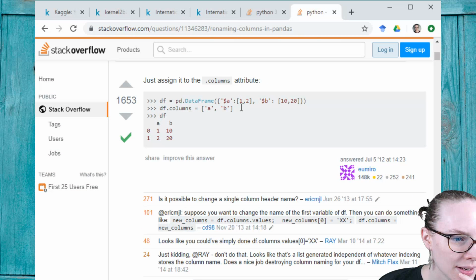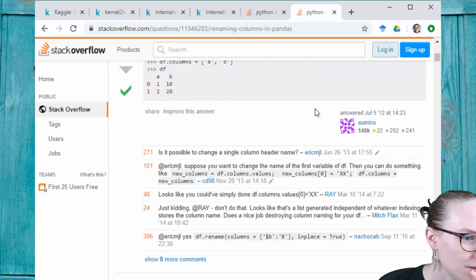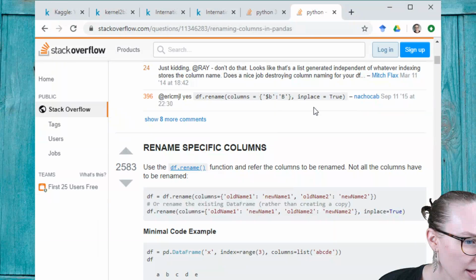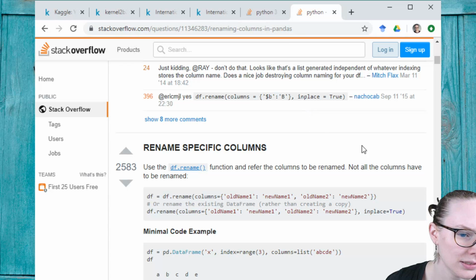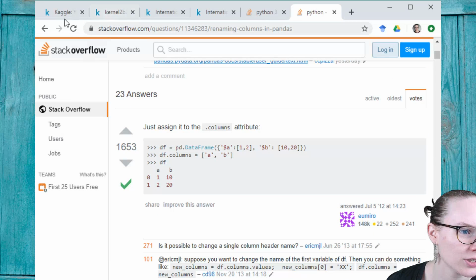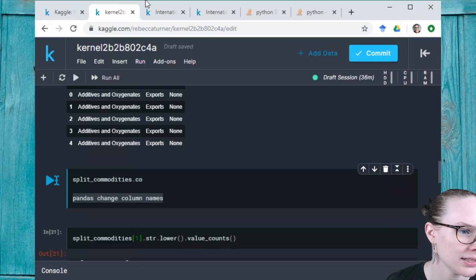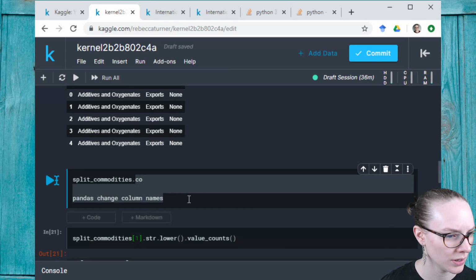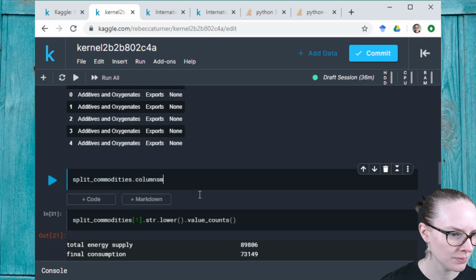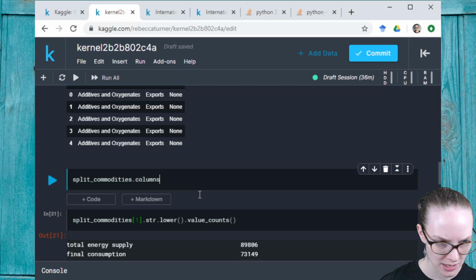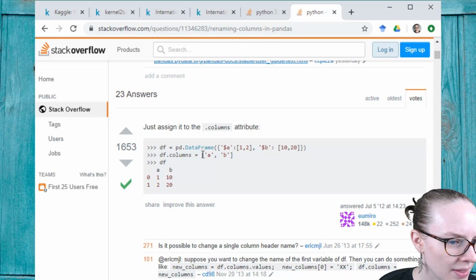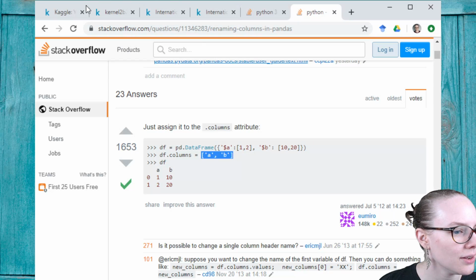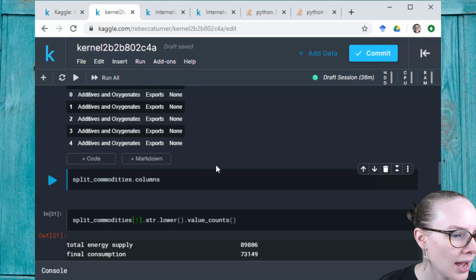All right. df.columns equals AB. Oh, okay. No, that's pretty helpful. Okay, so we can just do dot columns. Excellent, excellent. So dot columns. What was the syntax there? And then pass it in a list of names.